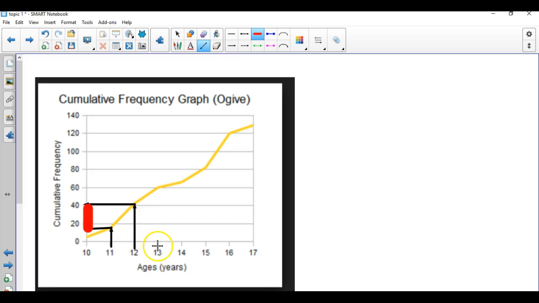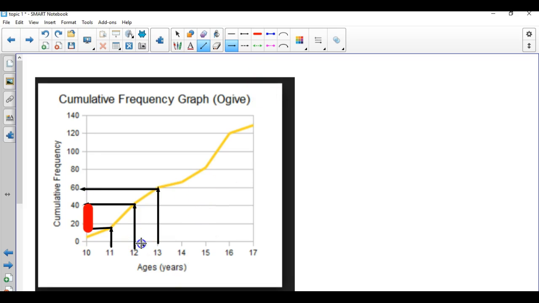You could do it again. You could say, at 13 years old, there's a total cumulative frequency of 60. So there's 60 people that are 13 years old or under.